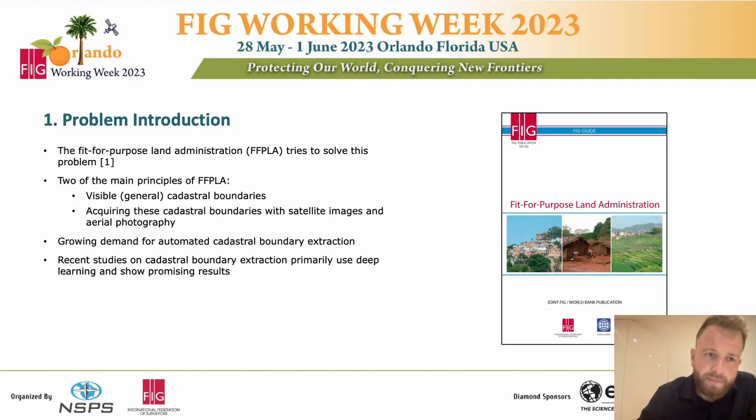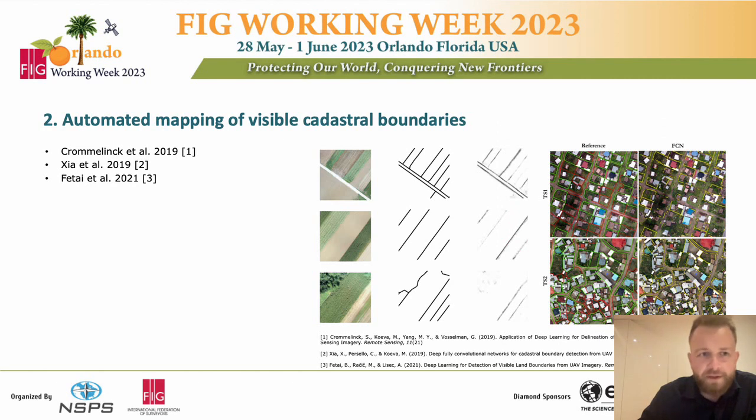If you look at the recent studies on automated cadastral boundary extractions, you see that they are primarily based on deep learning in combination with remote sensing imagery. And they are showing quite promising results, I think. Here you see some examples.